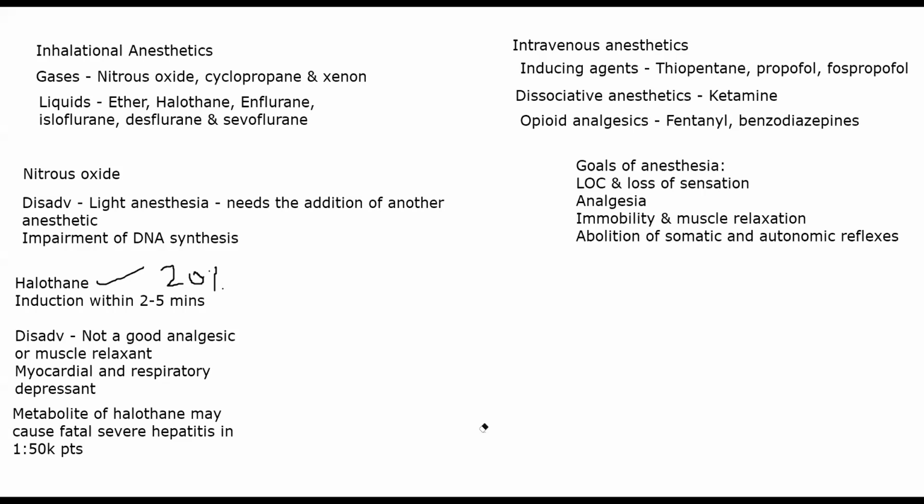Now, in the case of halothane, a medical emergency called malignant hyperthermia will occur, where the patient will not be able to sweat properly because you are giving a general anesthetic. Your reflexes will be dulled, because of which the patient will not sweat properly. Normally, whenever your body is heating up, the natural response is sweating.